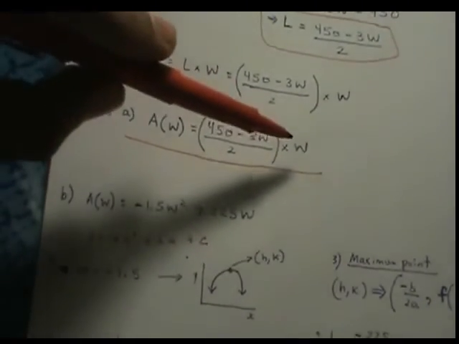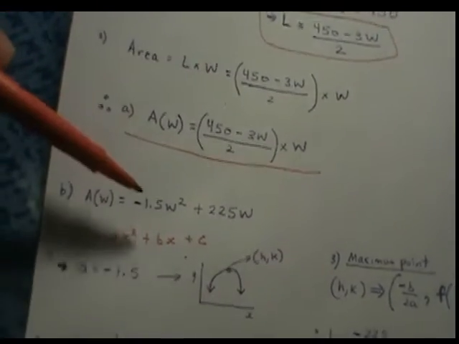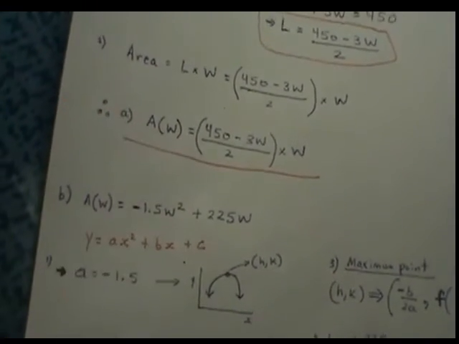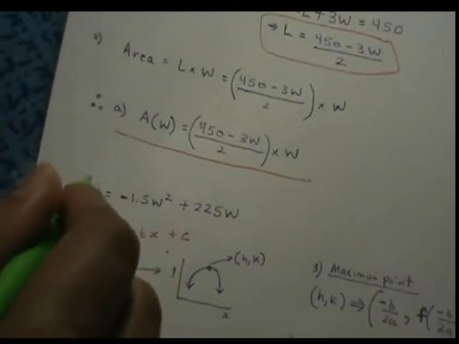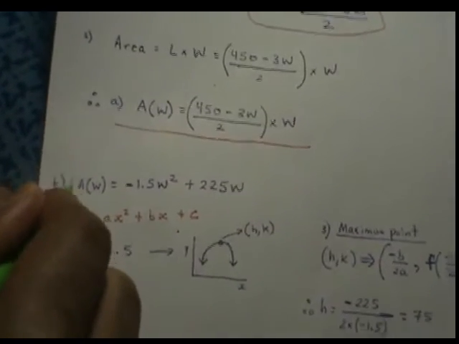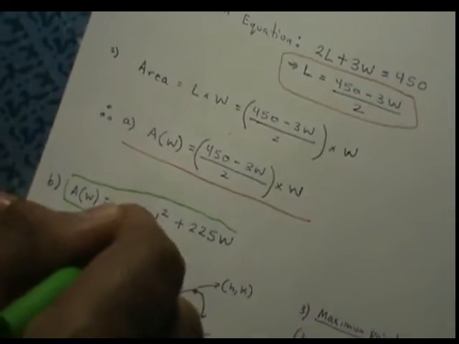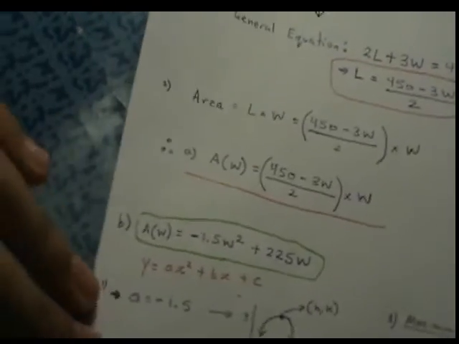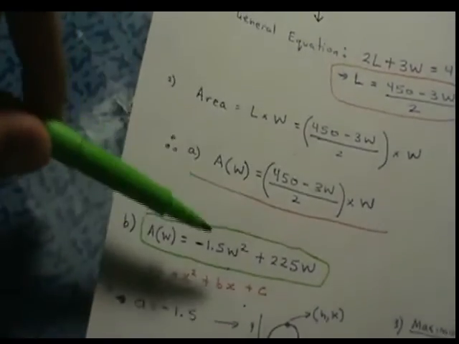I multiplied W by this bracket here, by the length, which gave me this new equation. Let me just highlight that in green. It's the same equation, but it's just expanded now.